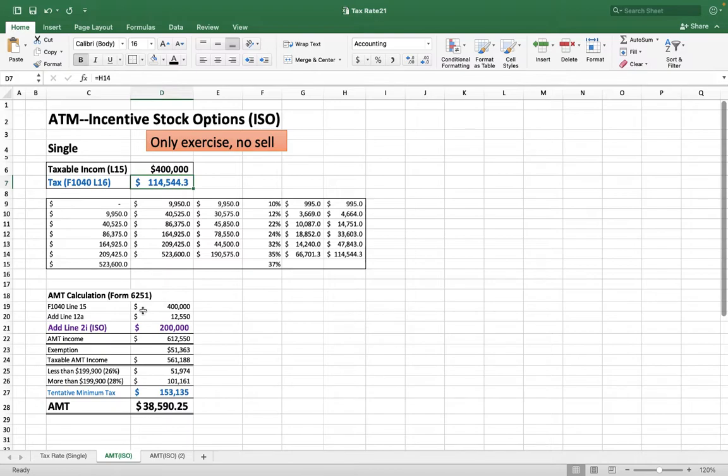However, because you exercised your incentive stock options, you may now have some alternative minimum tax. For the alternative minimum tax, you go to Form 6251 and follow the form instructions. You transfer the number on line 15, which is $400,000.